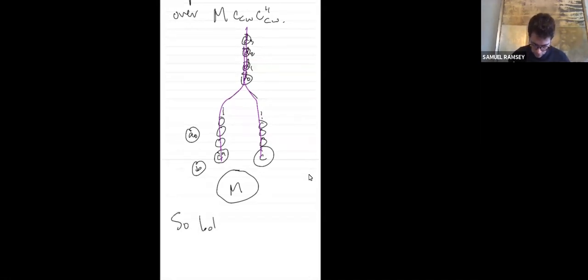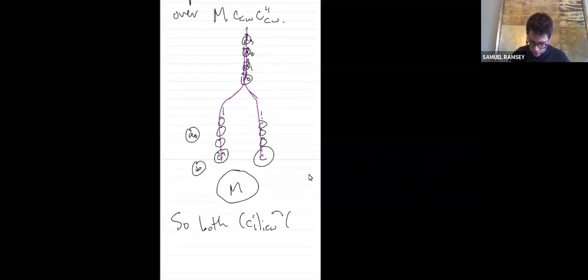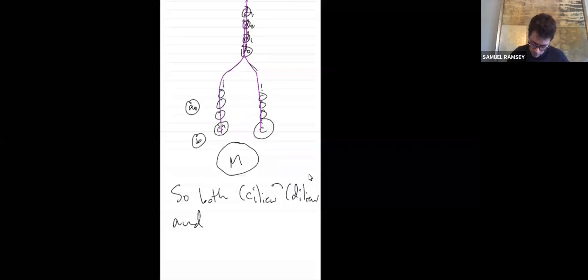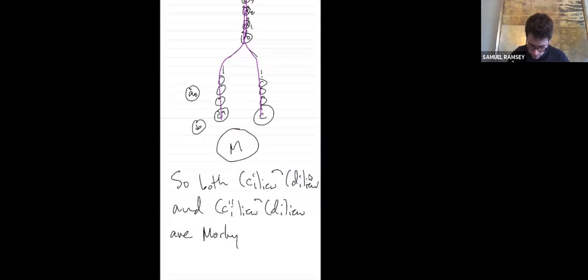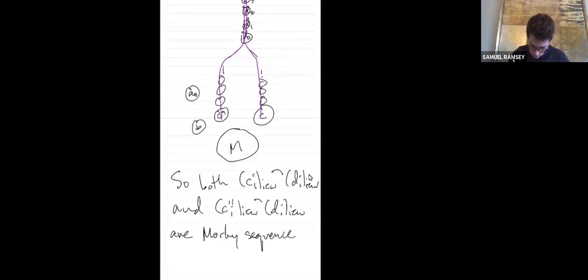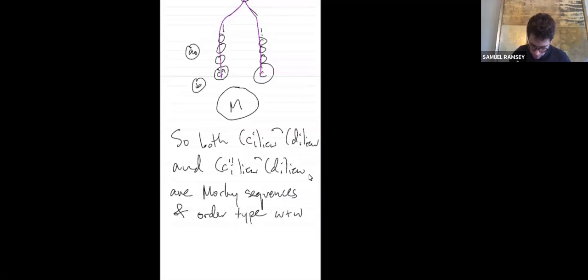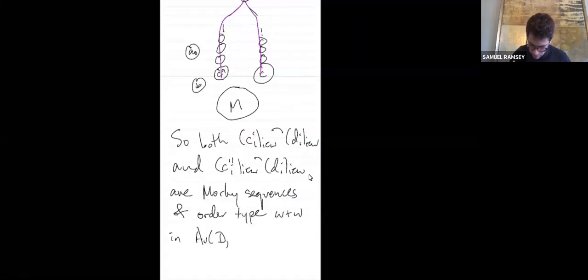So both Ci, i less than omega, concatenated with Di, i less than omega, and C prime prime i, i less than omega, concatenated with Di, i less than omega, are Morley sequences of order type omega plus omega in this average type of D M over M.